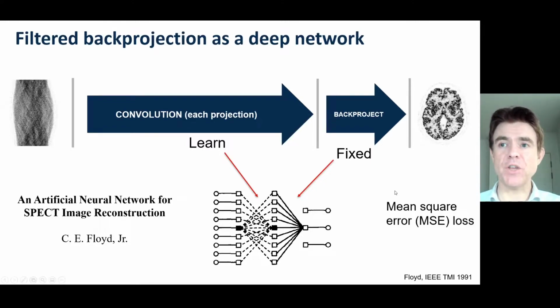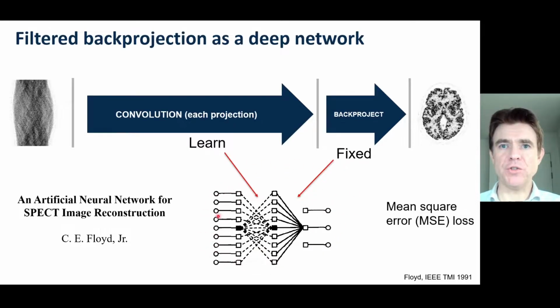And so what he would have done there was just optimize, if you like, all the values of a convolution kernel. So this is rather old notation for an ANN, an artificial neural network. We'll be going on to more modern deep learning notation presently.